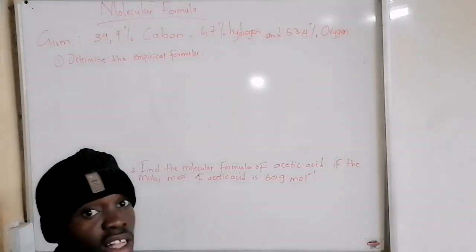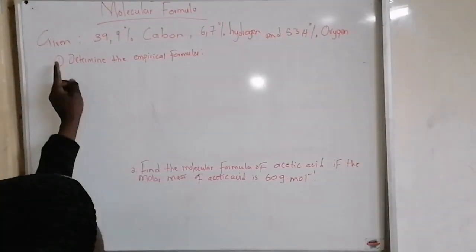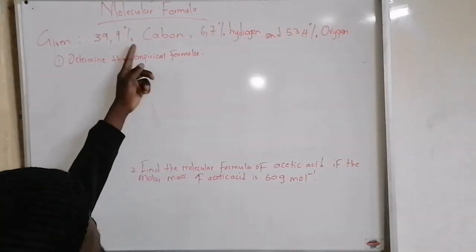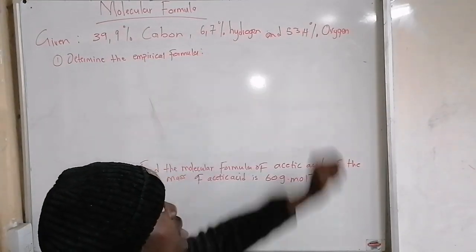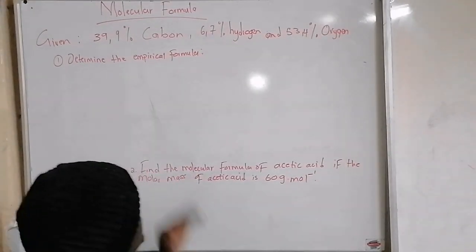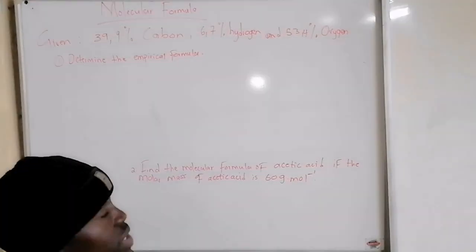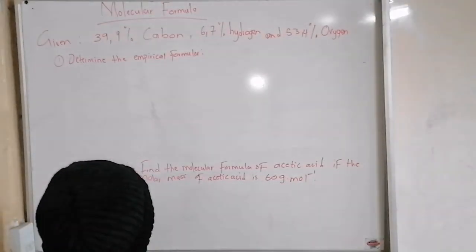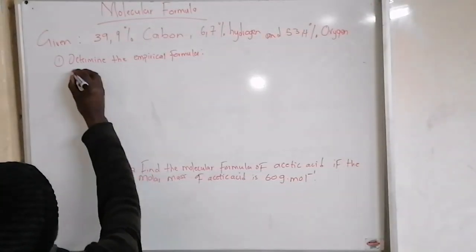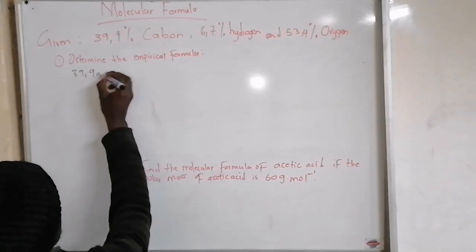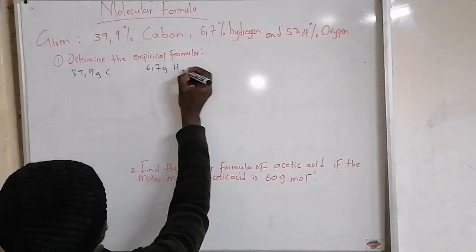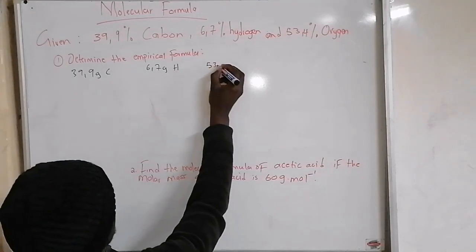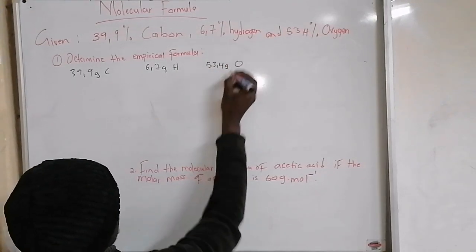Now, given 39.9% carbon, 6.7% hydrogen, and 53.4% oxygen, they say determine the empirical formula. You know that you need to say 39.9 gram carbon, 6.7 gram hydrogen, and 53.4 gram oxygen, right?